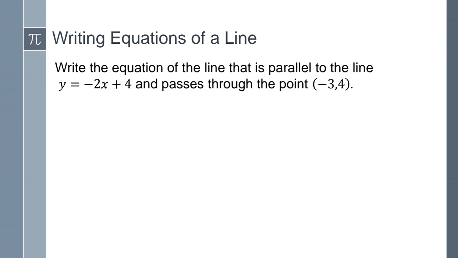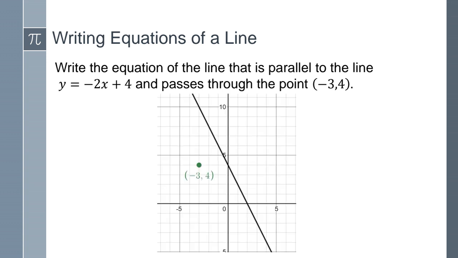So what we want to do is first graph this line just so you can see it. Let me show you how we can graph this line without having to do point slope or point by point plotting. Since this equation is already in slope-intercept form, I can graph it by using the two things that they're telling me.